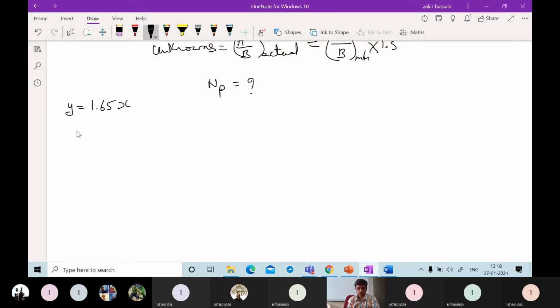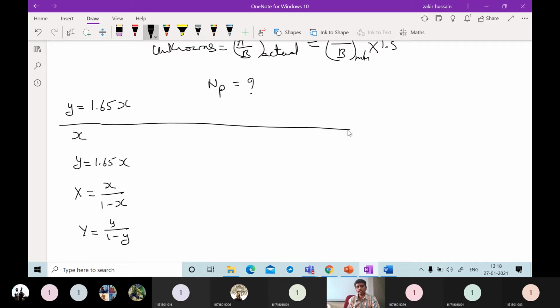So we first assume small x, then calculate small y is equal to 1.65 into x. Then we calculate capital X is equal to small x divided by 1 minus x, and capital Y is equal to small y divided by 1 minus small y. So these data points we have to estimate.